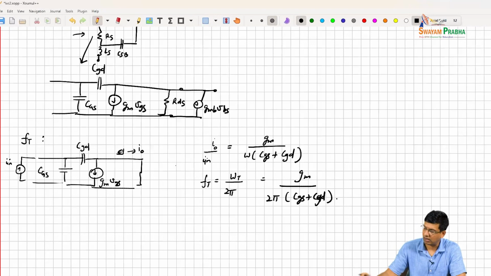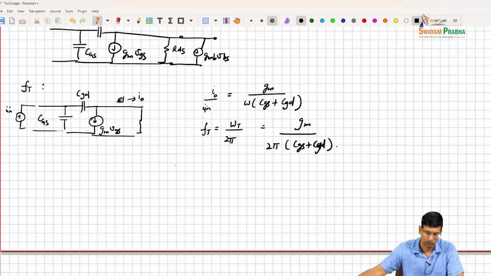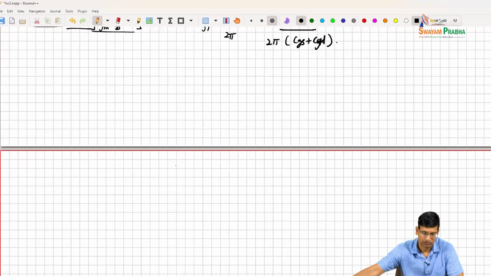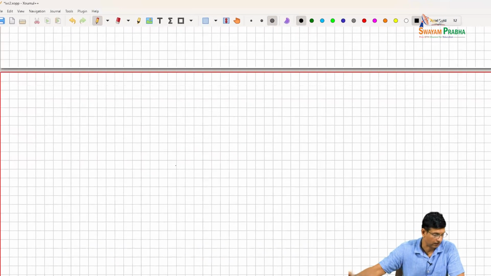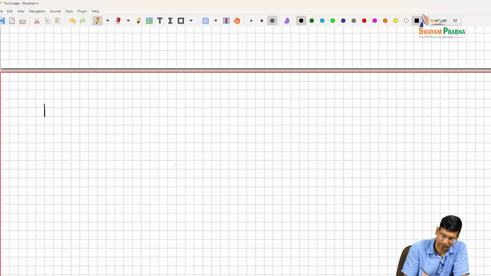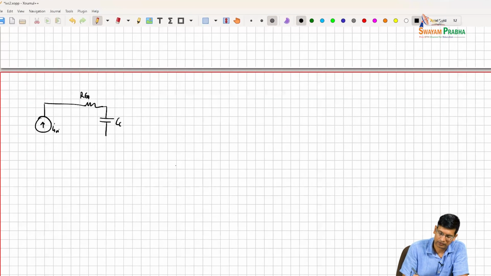But now our circuit is a little more complicated. So let me just draw that out here. I have again some IN, and now I have RG. I have CGS, and then I have CGD.